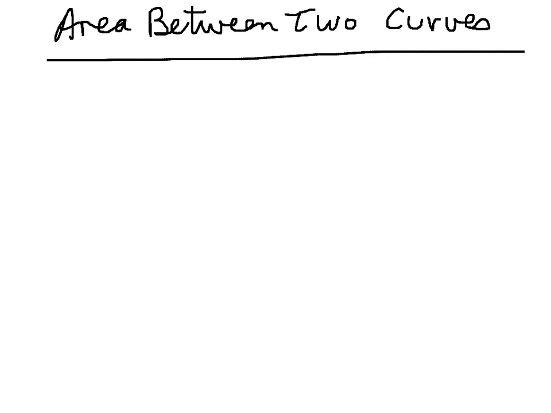So here we want to find the area between two curves. And as long as we know that r2 is greater than or equal to r1, you shouldn't have a lot of trouble believing that the area is simply going to be the difference of these two areas.